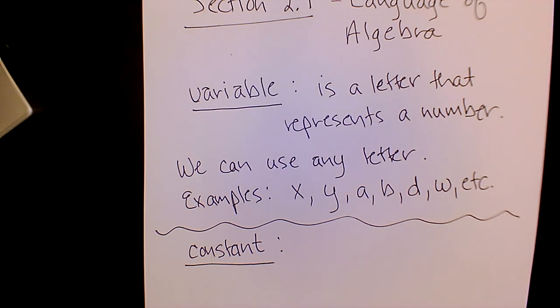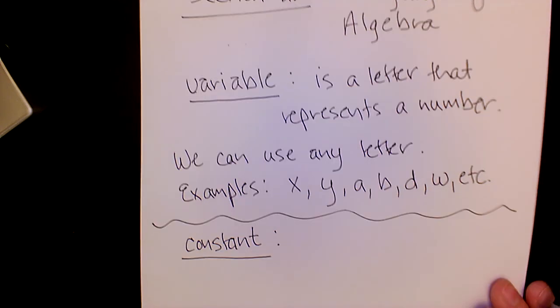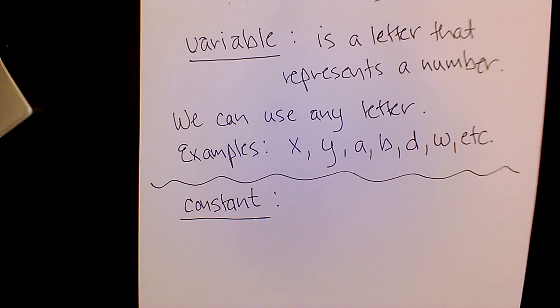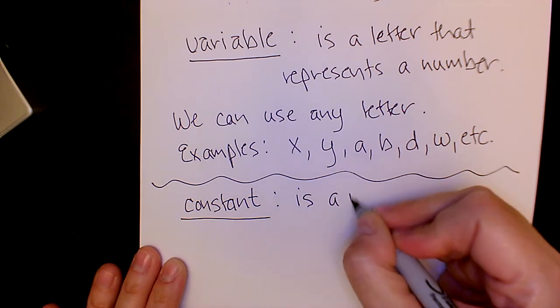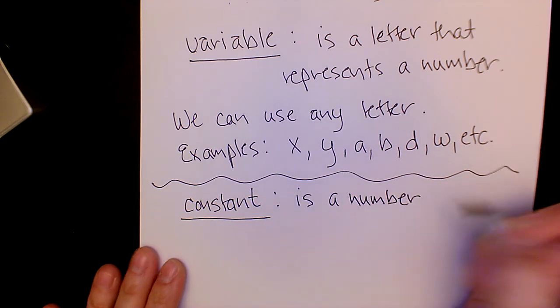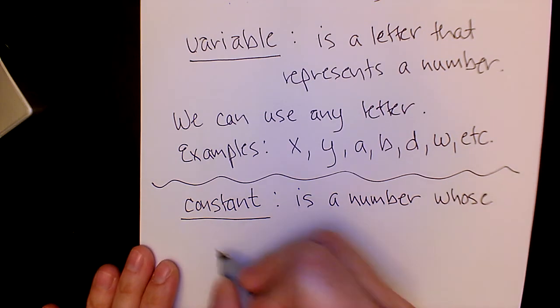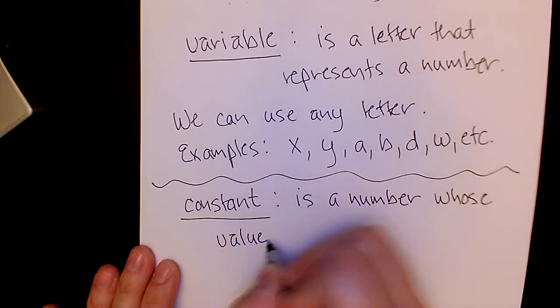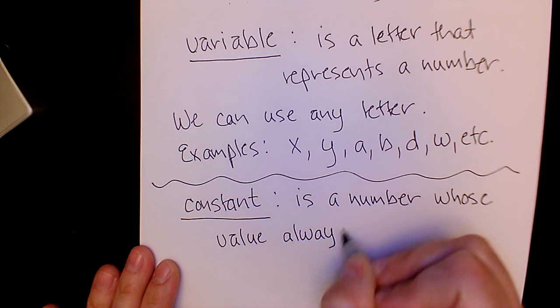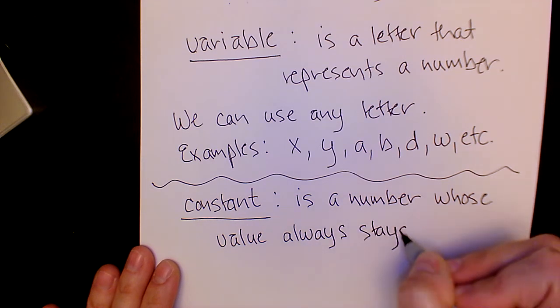So the next thing they talk about in 2.1 is a constant. Does anybody know or remember what a constant is? So a constant is a number whose value always stays the same.